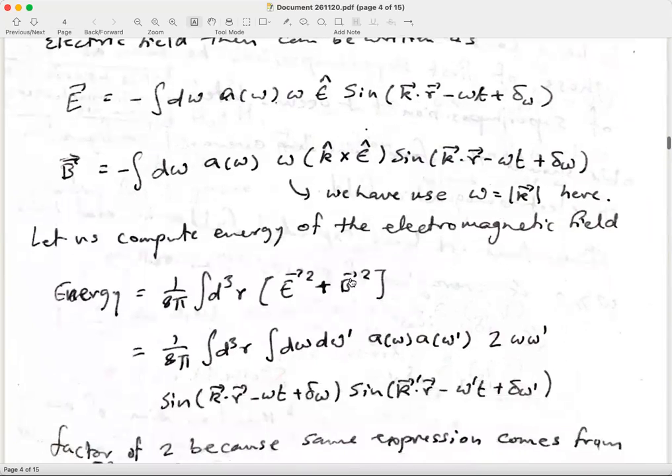Fine. So what we can do is compute the energy of this electromagnetic radiation, and energy is given by integral of E vector squared plus B vector squared.